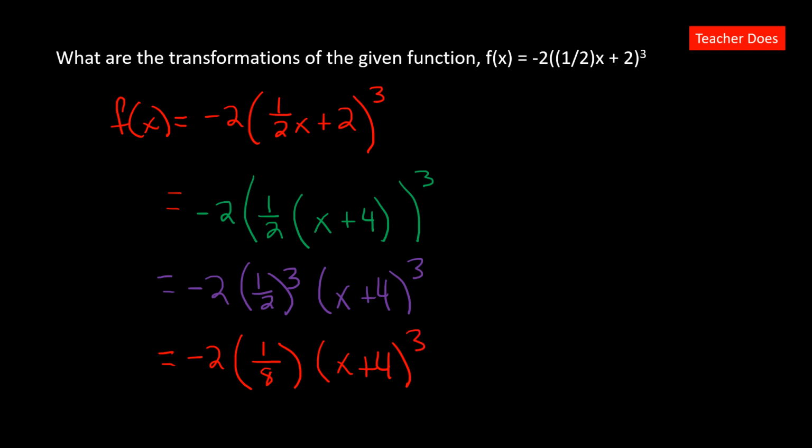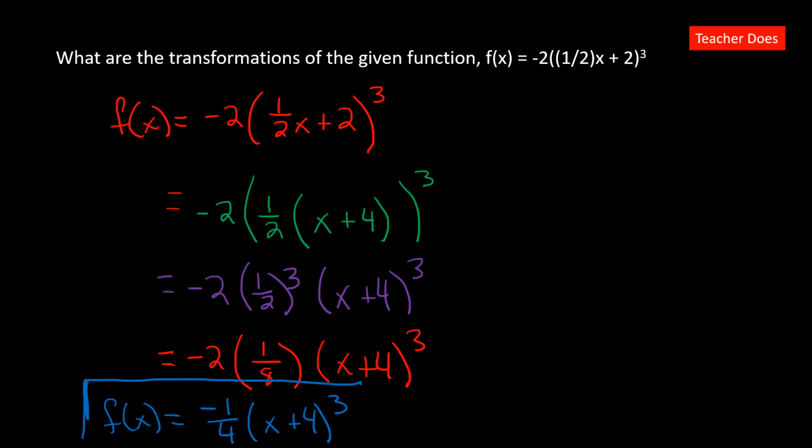Lastly, when we simplify this, we would end up getting f of x equals -2 over 8, which gives me a -1 over 4, times x plus 4 cubed. So now with this, we can identify our transformations.